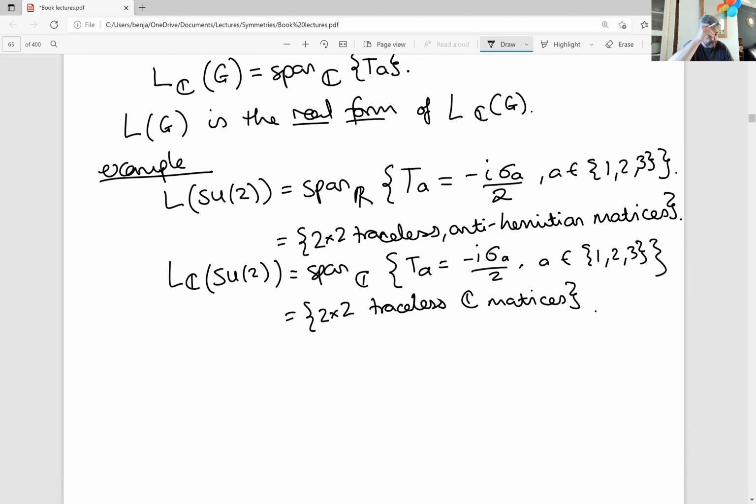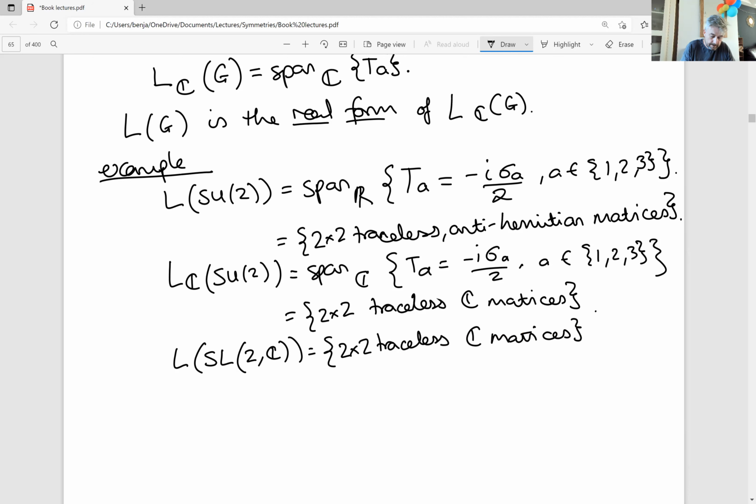Now, if you remember, the real Lie algebra of SL(2,C) was actually the same thing as this set of all 2 by 2 traceless complex matrices. In other words, we see that these two things are the same. So the complexification of SU(2) is the Lie algebra of SL(2,C).